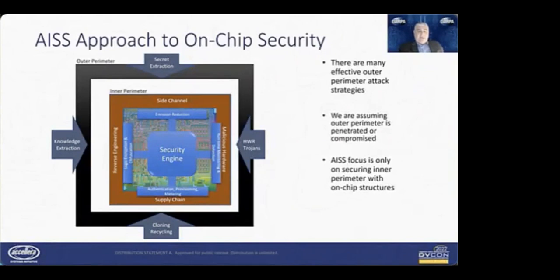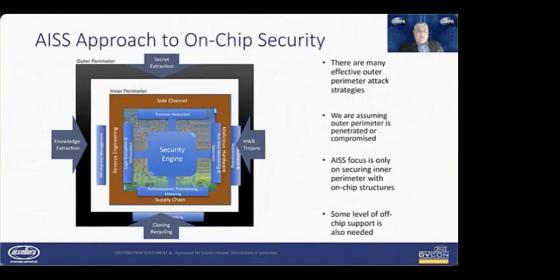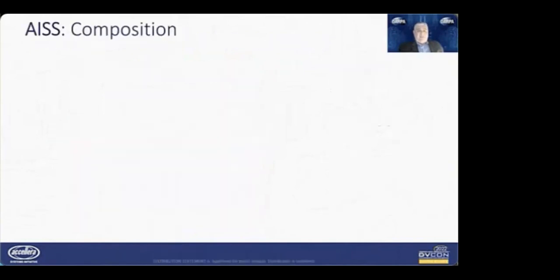And in each case, it could have more or less functionality depending on the importance of a particular attack surface. And obviously, there needs to be some off-chip support here, because this type of system needs to interact with the outside world to track, authenticate, provision, etc.